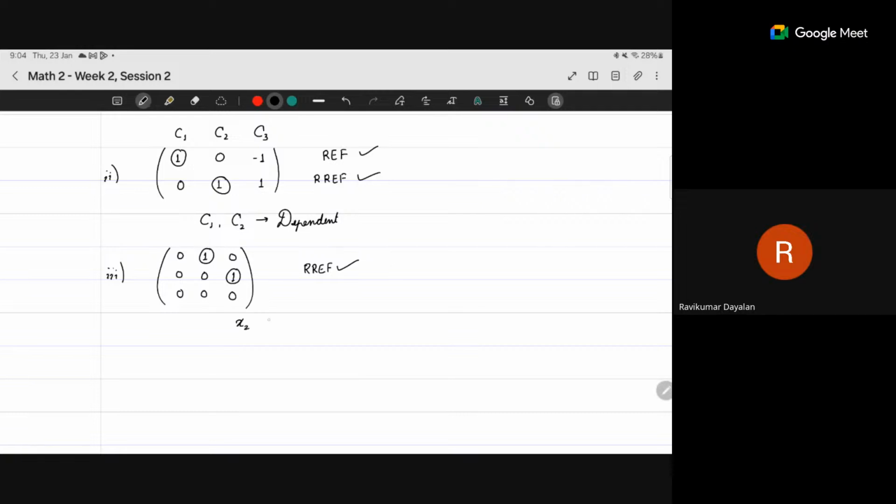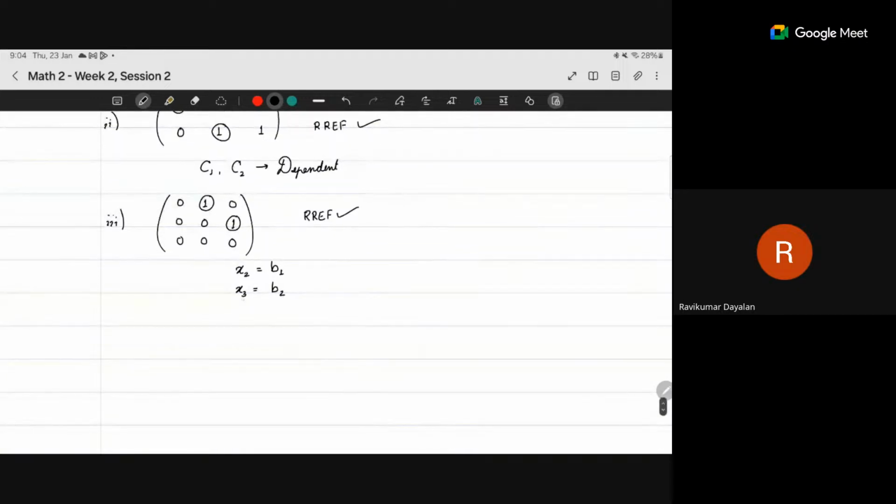It will be x2 is equal to, say, b1, x3 is equal to b2, and there's no condition on x1. Right? x1 is independent. But to actually see the dependence, you would want to write something like t, b1 plus 0t, b2 plus 0t.